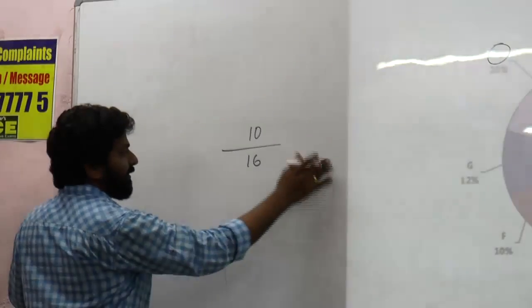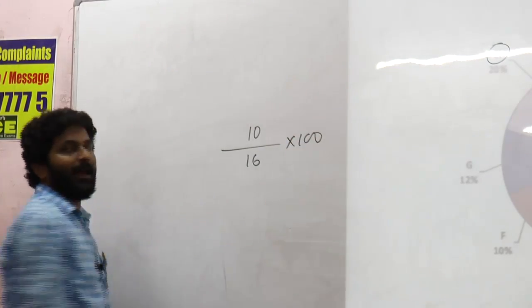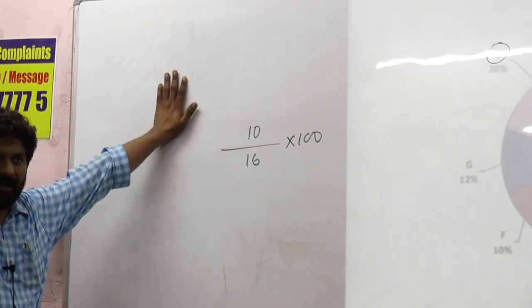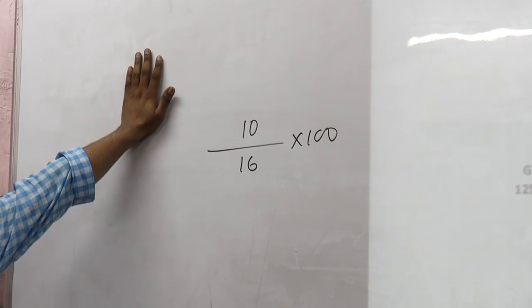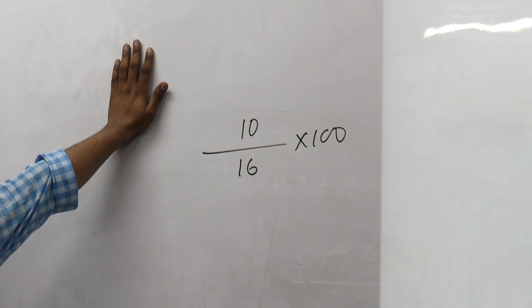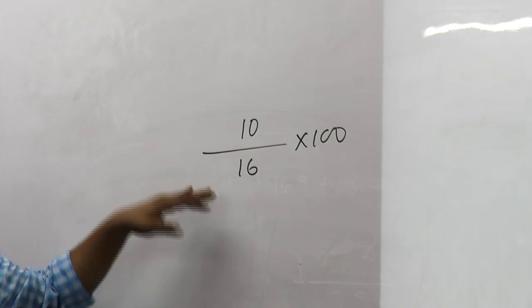10 by 16 into 100. I don't want to go for conversion because it takes time. Don't convert into number of books. Let us identify it in terms of percentage itself. 10 by 16 in the sense 5 by 8, right?